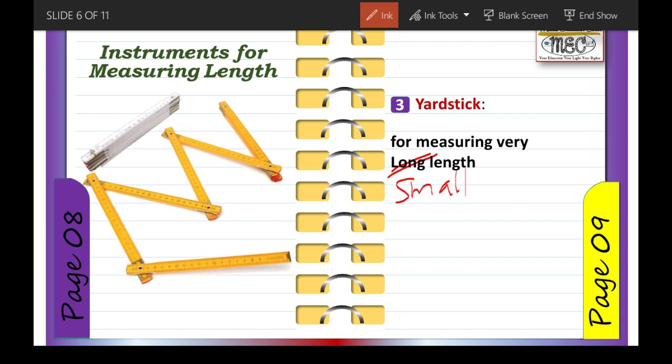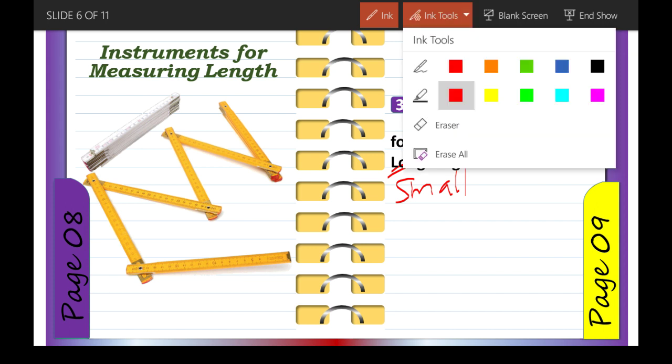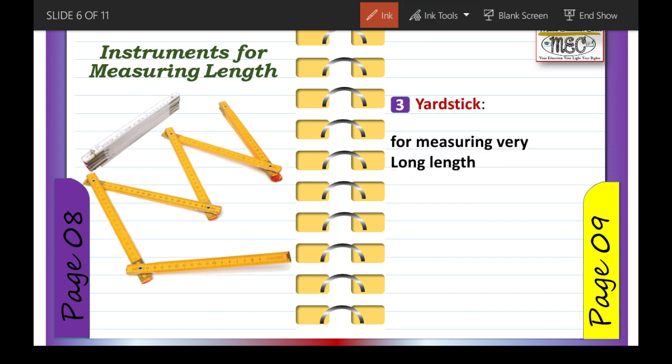You can also use it to measure long distances depending on the length of a yardstick. So we can use it for measuring the long length or the short length depending on the length of the yardstick that you are using. For example, you see that this yardstick is made of many parts.